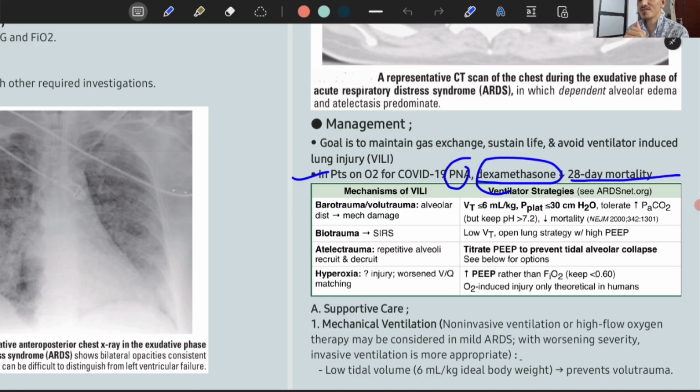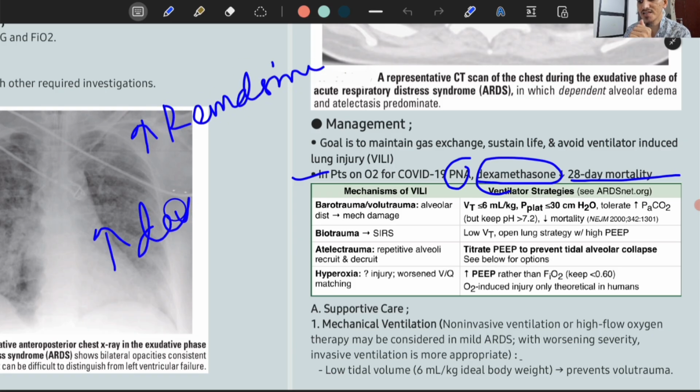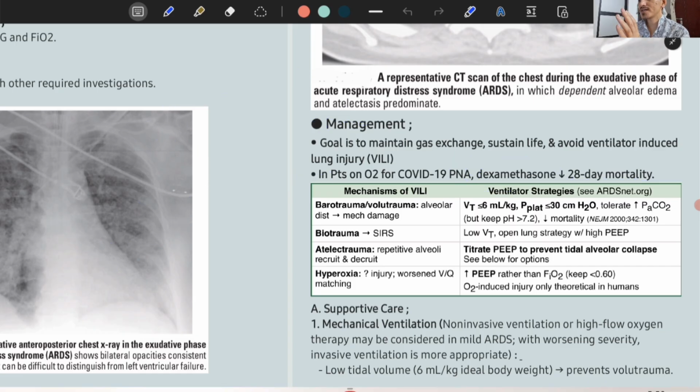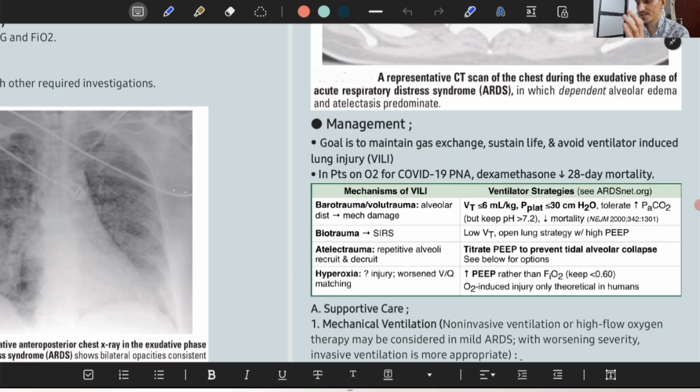But the real thing was that remdesivir was not decreasing the mortality when compared to dexamethasone. Dexamethasone was very much decreasing the mortality when compared to remdesivir in COVID-19 patients at that time. I myself experienced this. So dexamethasone is a very important drug in cases of COVID-19 ARDS patients.